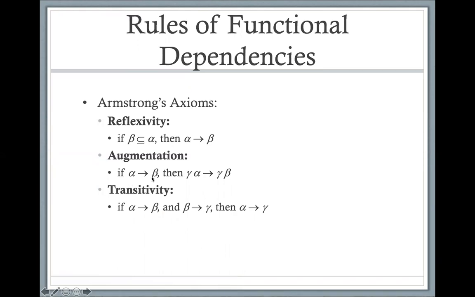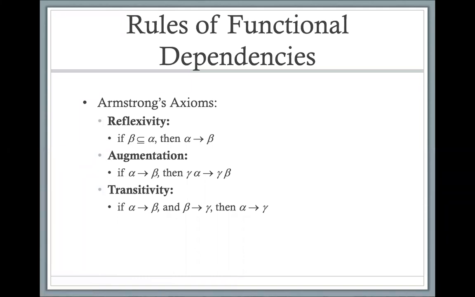Augmentation. If alpha determines beta, then gamma alpha determines gamma beta. So let's say I have a functional dependency which holds between 2 columns, to make it simple, single columns. Then if I add, to the left-hand side, another column, gamma, or a set of columns, gamma, then gamma alpha would determine gamma beta, provided that alpha determines beta and gamma is the same set of attributes.